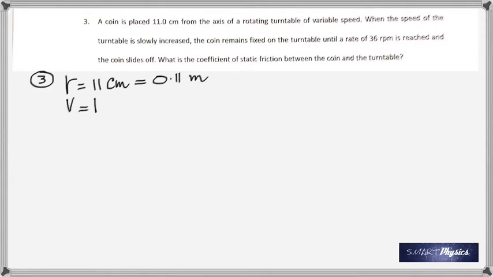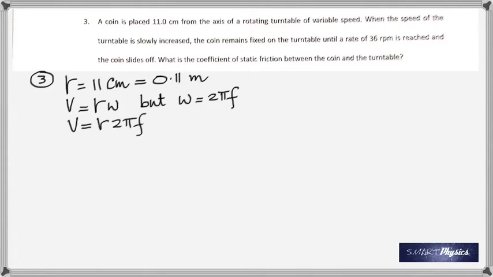Radius is 0.11 meter. We know that velocity is r times omega, and omega is 2 pi times f, where f is the frequency. That means it is the number of rotations in 1 second. So frequency is the number of rotations in 1 second.